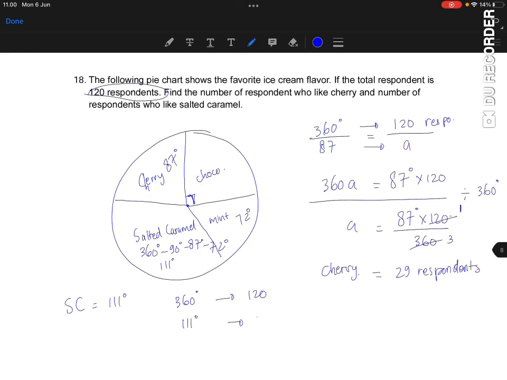Do the cross multiplication, then you will have SC equals 120 multiply 111 divided by 360. Cross 3 and 1, then you will get 37 respondent. Finish.